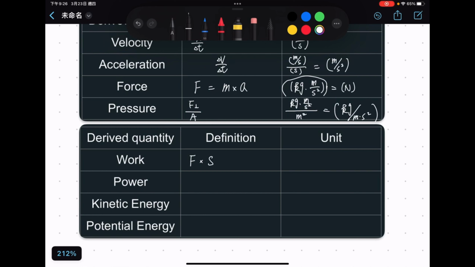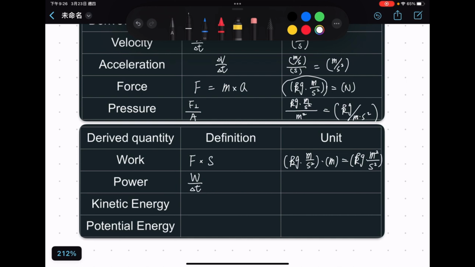So the unit will be, we all know the force unit in SI is kilogram times meter per second square, and times meter. So we get kilogram times meter square per second square here. And power, or say electrical power, the unit is all the same, but the definition is how much work you have done per unit time.